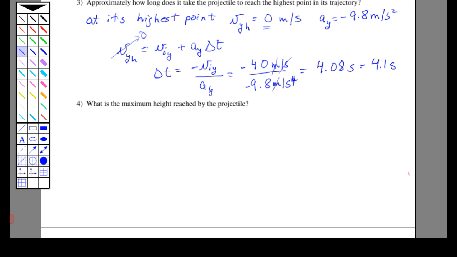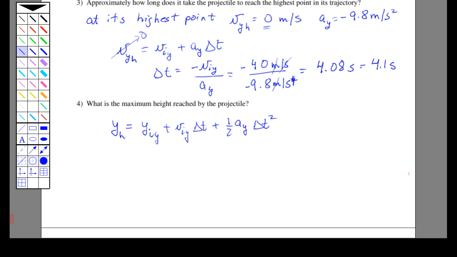So its highest y position we can determine from the following equation: the initial y position, which is 0, plus the initial y component of the velocity times delta t, plus 1/2 times the acceleration in the y direction times delta t squared.